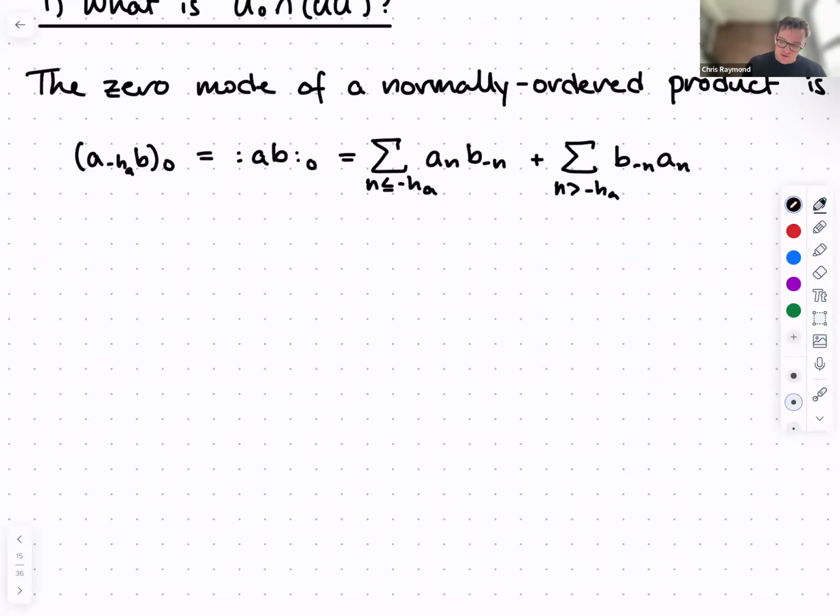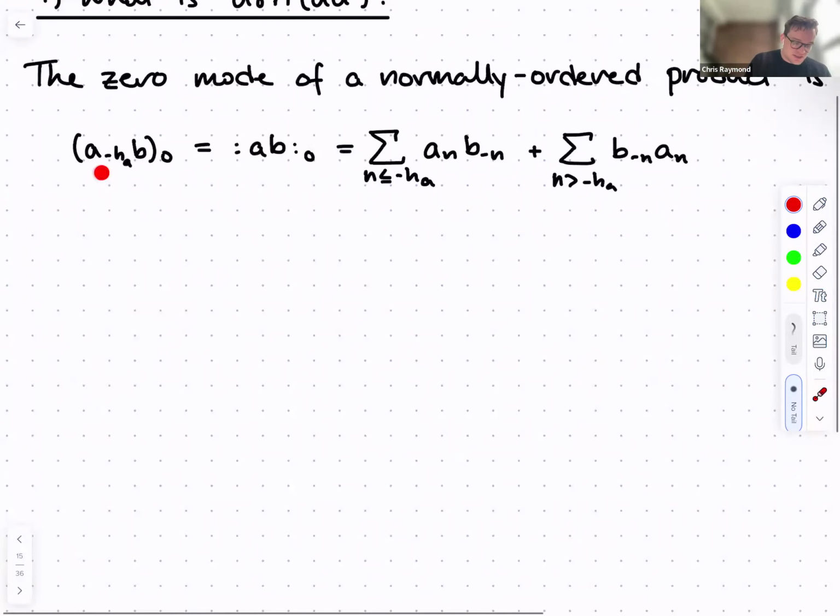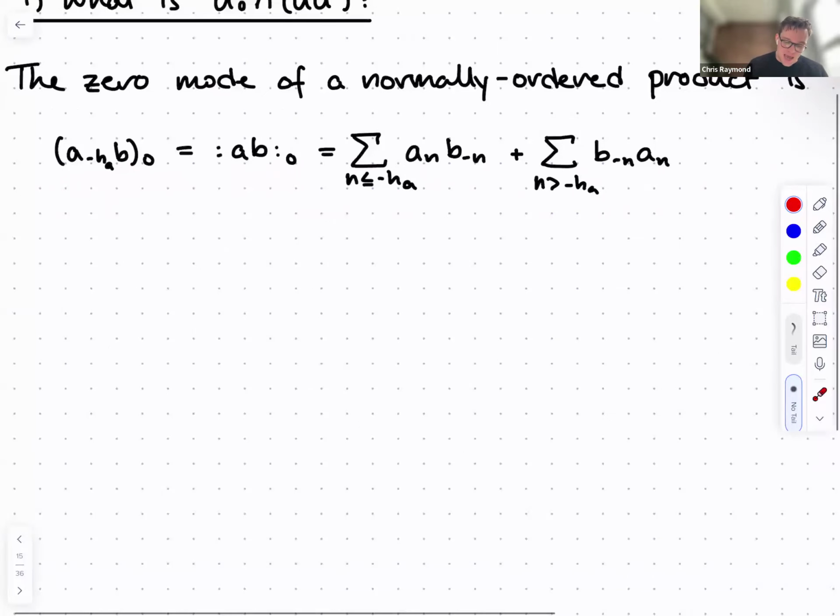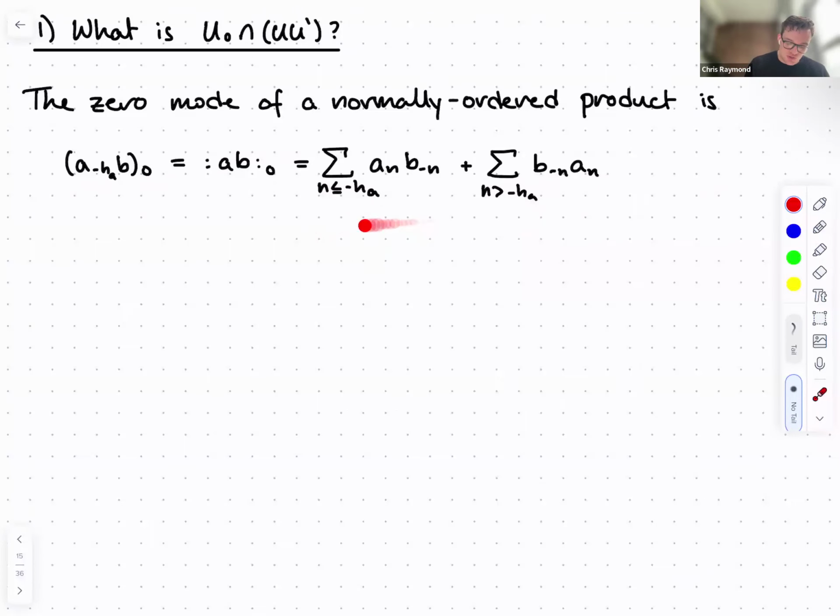If I have the mode a_n, where n is minus the conformal weight of whatever a is, I act that on the vector b, and I take the corresponding zero mode of that field, which is what this notation is trying to say. It's equivalent to writing something out like this. This is some expansion that I can write out, just using a definition of a normally ordered product.